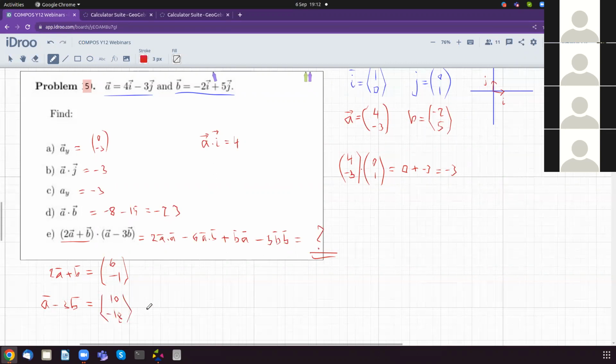If I made a mistake, correct me. But otherwise, when you multiply them together, it's 6, minus 1 multiplied by 10, minus 18. 6 times 10 is 60, minus 1 times minus 18 is plus 18, so it's 78.